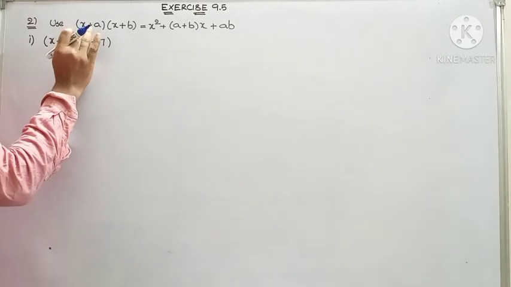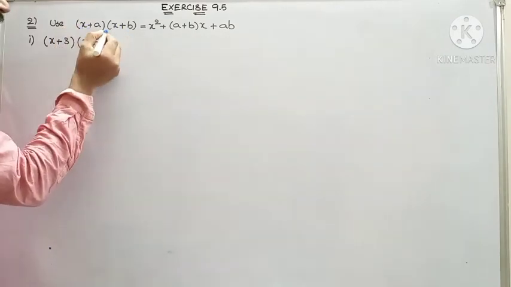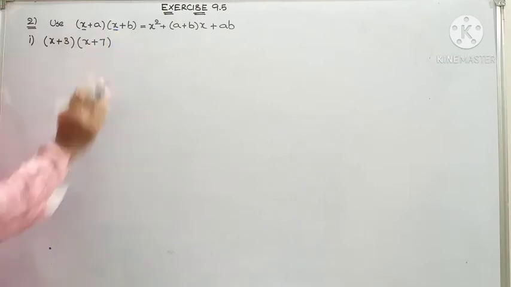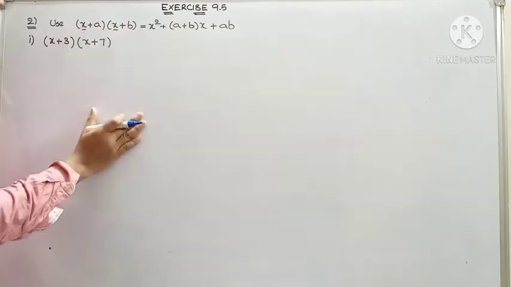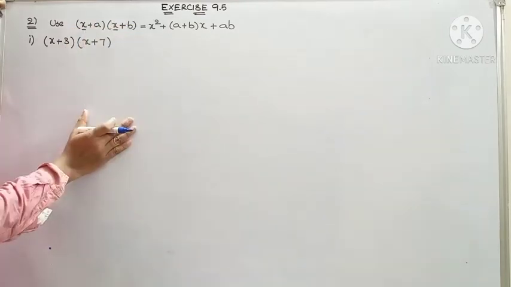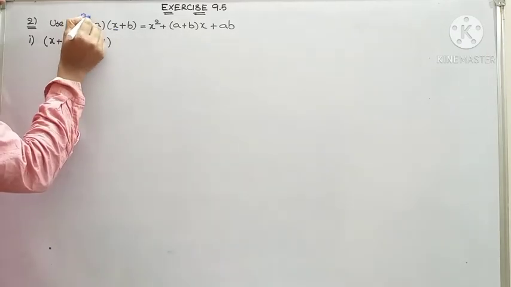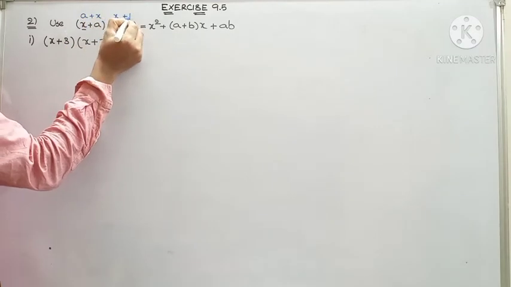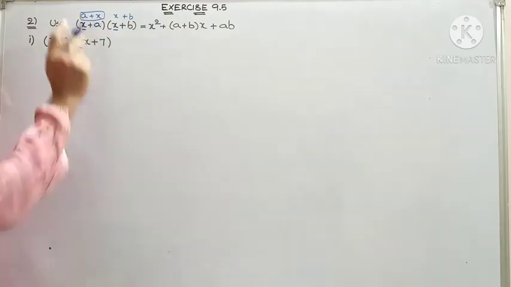If you observe the identity, in both the binomials under multiplication, x is the common term, where the other two terms are different variables or terms. Hope you understood. Sometimes they may give (a + x)(x + b). In that case also you have to consider a + x as x + a only.